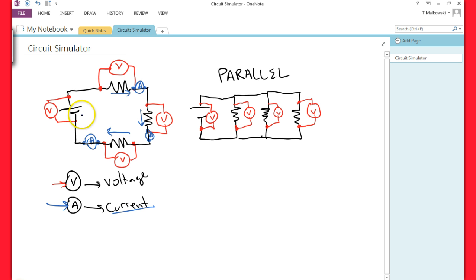And then when they get done, they'd go back to the beginning, back to where the battery is, and say, well, how much current is passing through? So they'd have to look at either the current that's leaving the battery or the current that's going into the battery. And they go and repeat the same thing. Find the current through each of the resistors.